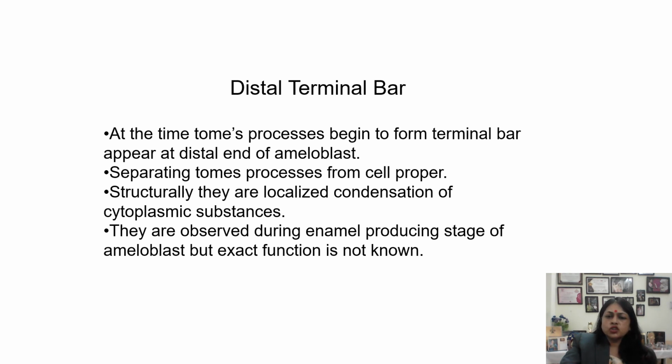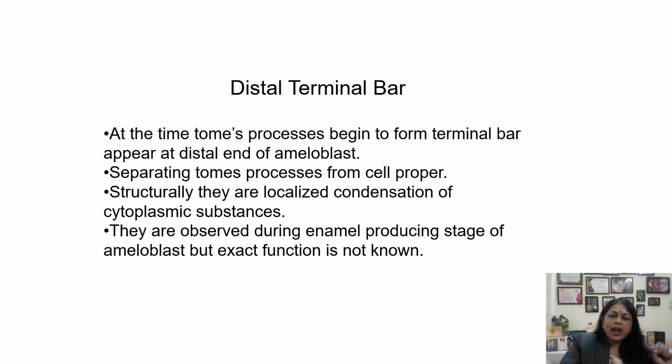They are actually localized condensation of the cytoplasmic substances, and they are observed only during the enamel producing stage of the ameloblast, but the exact function is not known. Maybe they help in the firm interlocking between the enamel and the dentine, but the exact function is not known.